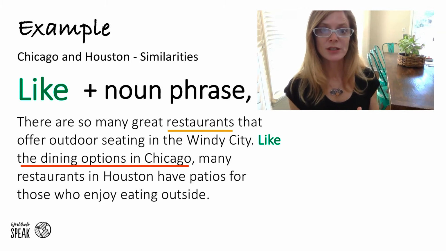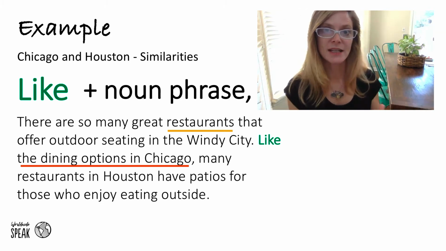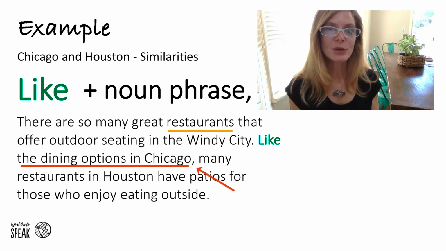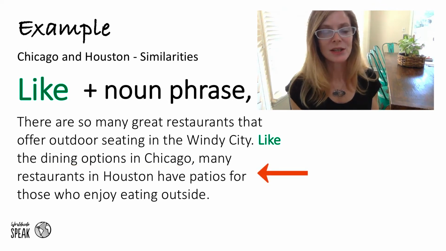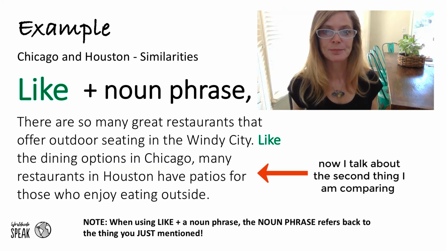So I mention like the dining options in Chicago, comma. Many restaurants in Houston have patios for those who enjoy eating outside. So then after I use like and the noun phrase that talks about Chicago and the thing I'm comparing, then I begin talking about the second thing.